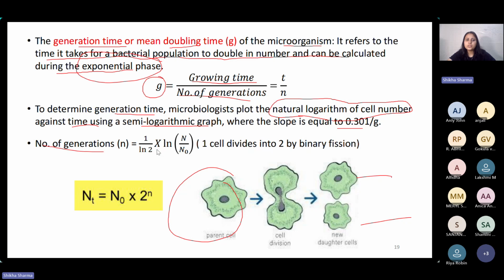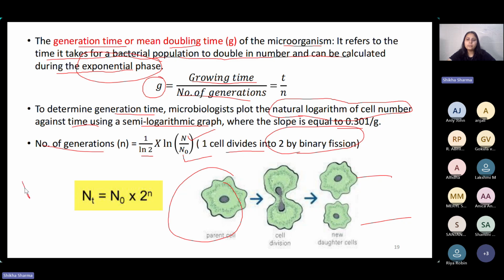The number of generations n equals 1 upon ln2 into ln N by N naught, where N is the final population and N naught is the initial population. Here one cell divides into 2 by binary fission.